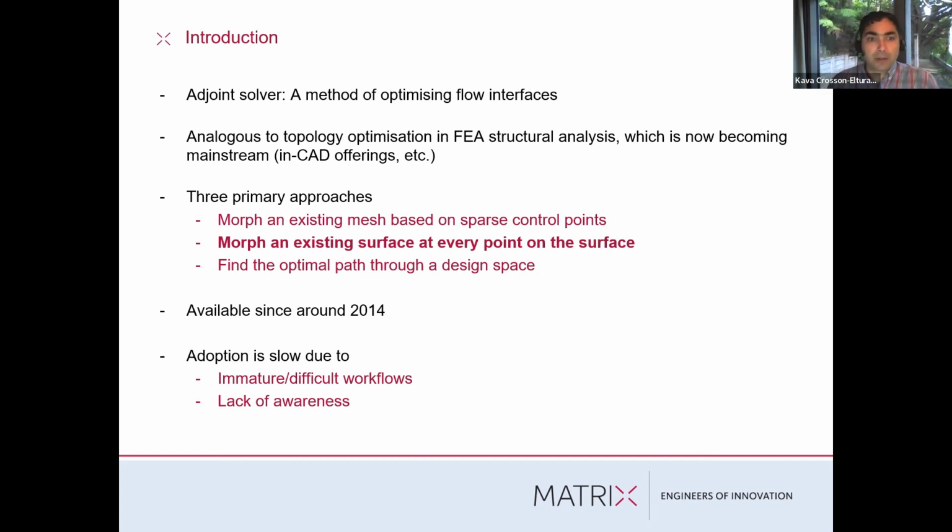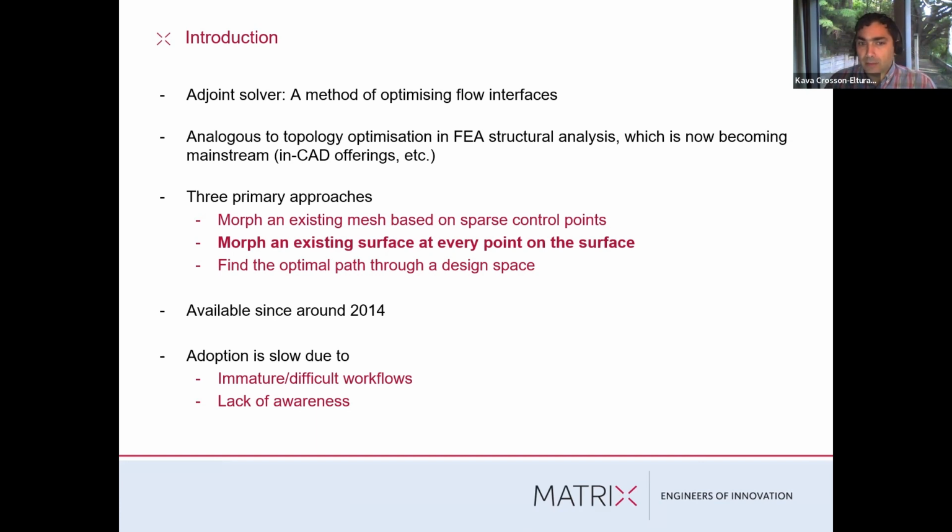And there are three primary approaches. So you can morph an existing mesh. If you have a mesh or geometry, you can control it using control points. Then instead of remeshing, you use those control points like a puppet master to sort of tweak the geometry. The method we're going to talk about today is morphing existing surfaces at every point on those surfaces.